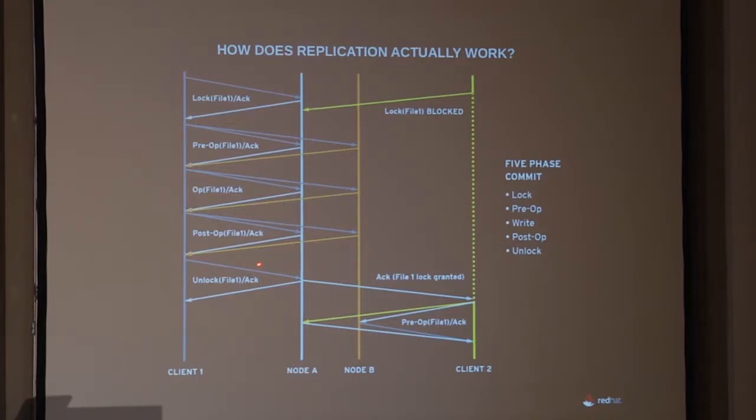Once that's done, we unlock the object on all servers, and as soon as that is done, the lock request blocked from client 2 gets an acknowledgement, and it goes about doing the same set of operations.